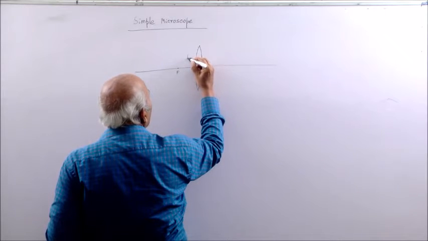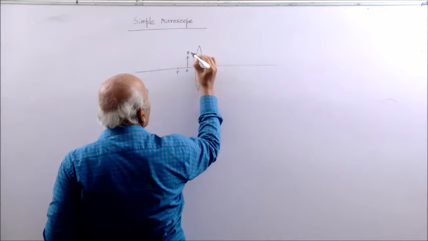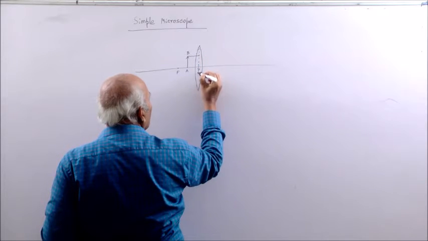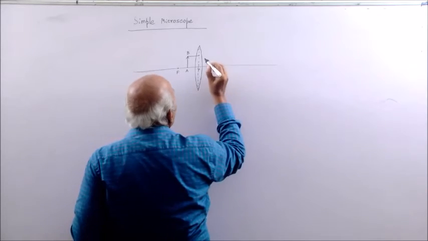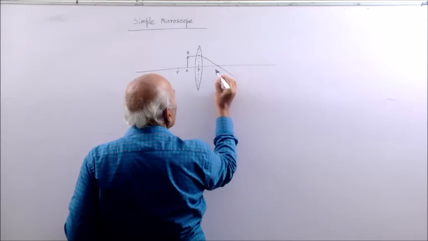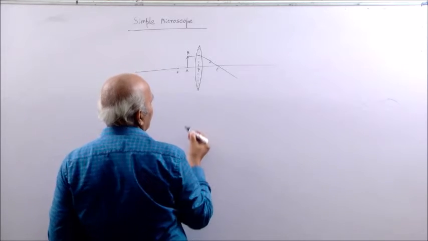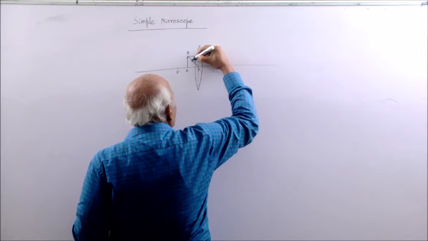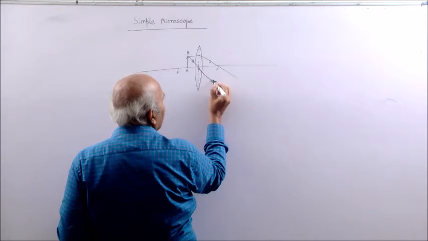If the object, say AB, is like this, in between the focus and the optical center, then the ray travels like this, passing through the focus on the other side. Then another ray we can pass through the optical center, and by definition of optical center it will go straight.